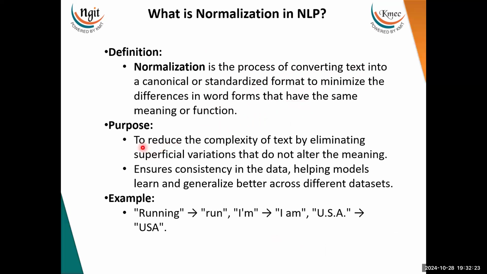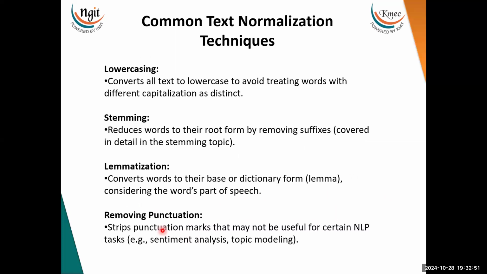The purpose of normalization is to reduce the complexity of text by eliminating superficial variations that do not alter the meaning, ensures consistency in the data, helping models learn and generalize better across different data sets. If you see the example here, running becomes run, I'm becomes I am, and U.S.A. with the dots removed becomes USA.